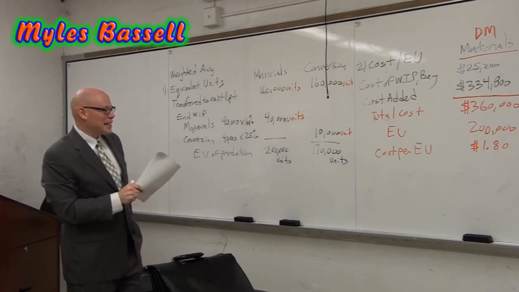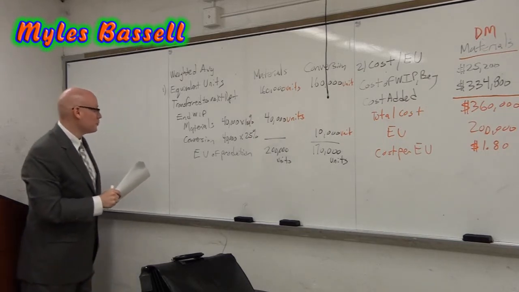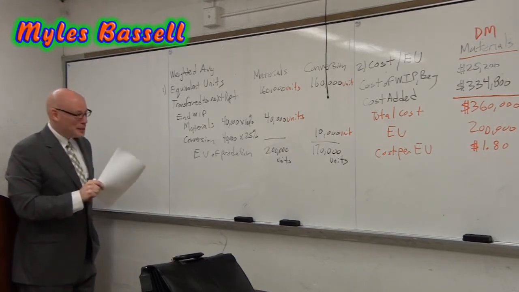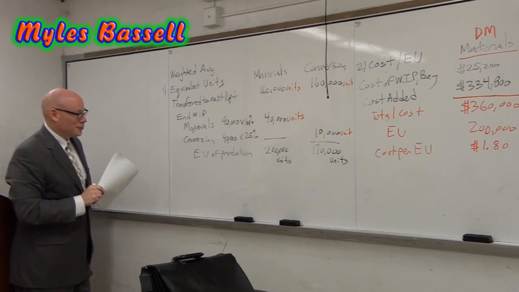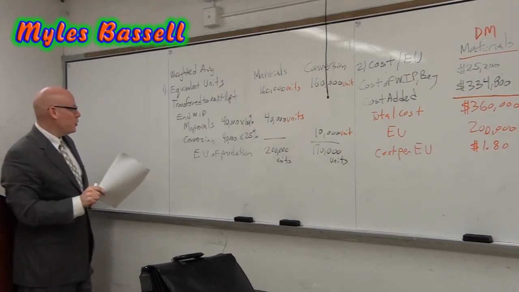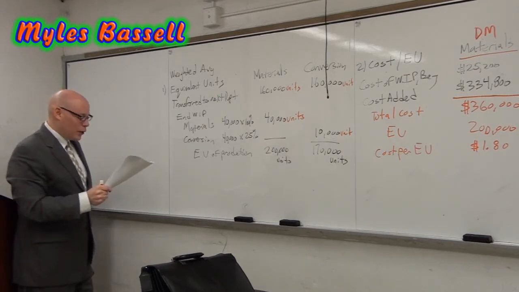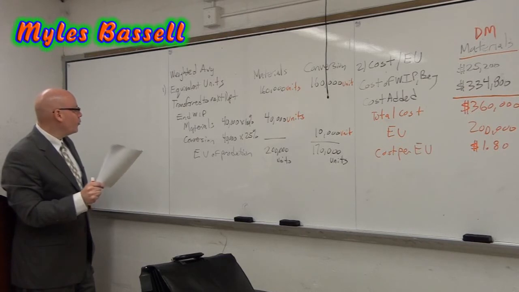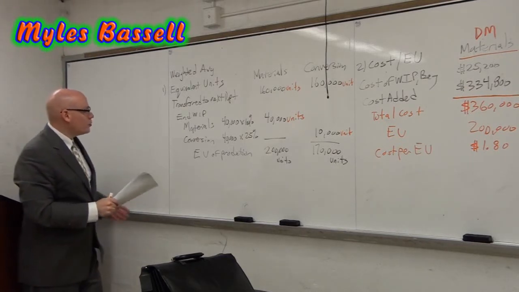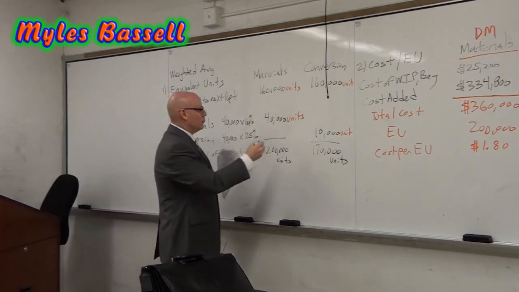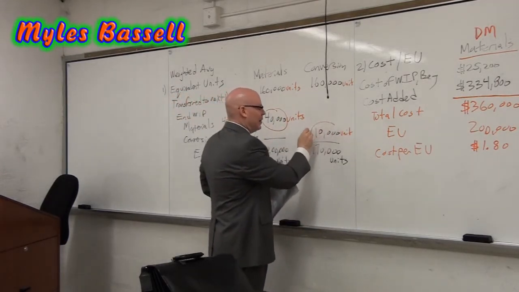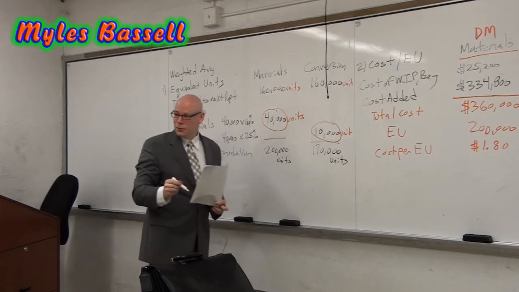Now we're going to take it the next step. You ready? We could do this. So now we know the cost per equivalent unit, and we know what the equivalent units are. So let's see if we could determine the cost of the ending inventory. What is the cost of these 40,000 units and these 10,000 units?